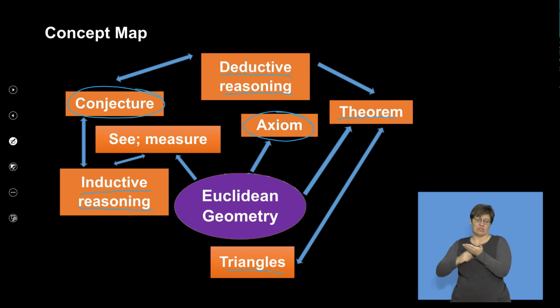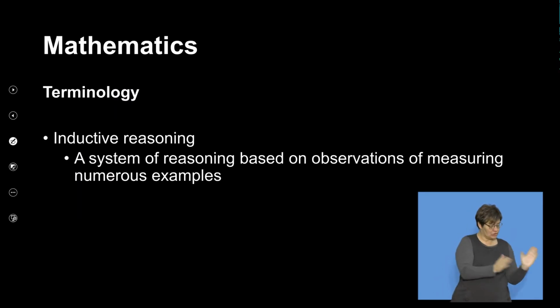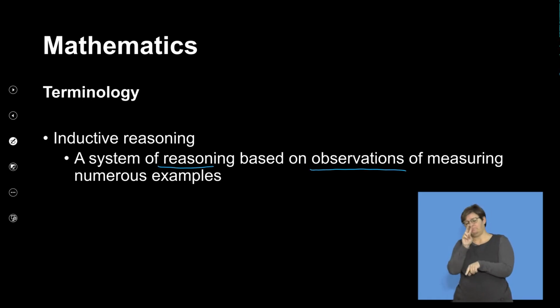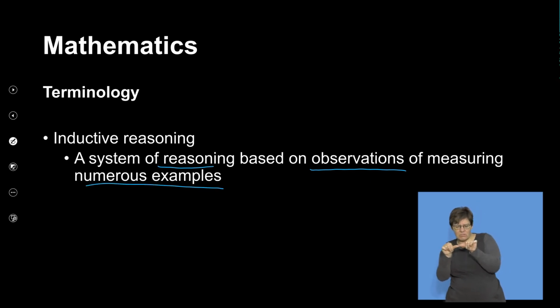So we've spoken about deductive reasoning. Now we're going to try and look at what inductive reasoning is. This is a system of reasoning based on observations of measuring numerous examples.